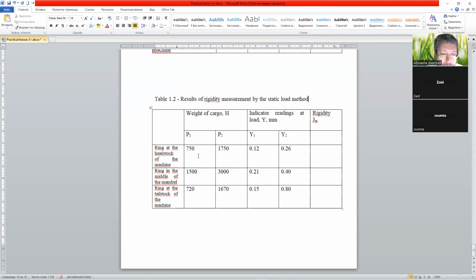The first calculation is for the ring at the headstock of the machine. The second calculation is for the ring in the middle of the machine, in the middle of the mandrel. And the third calculation is for the ring at the tailstock of the machine.